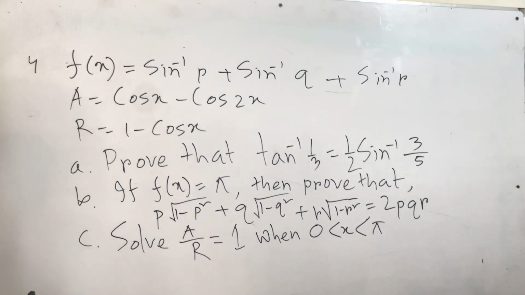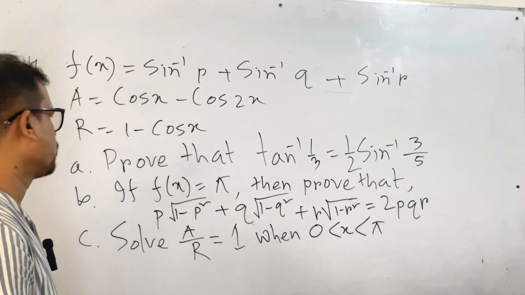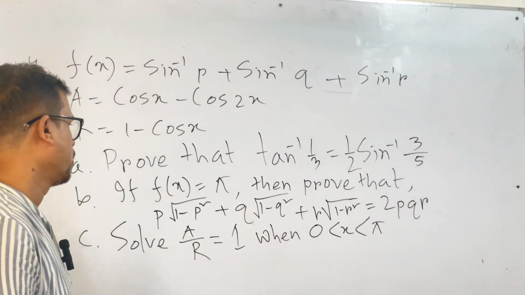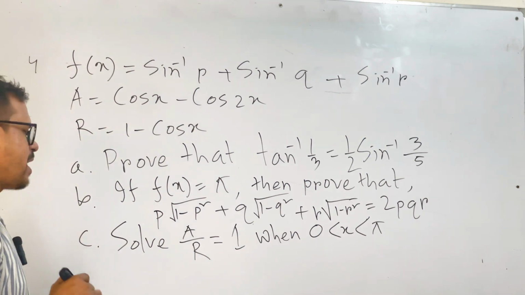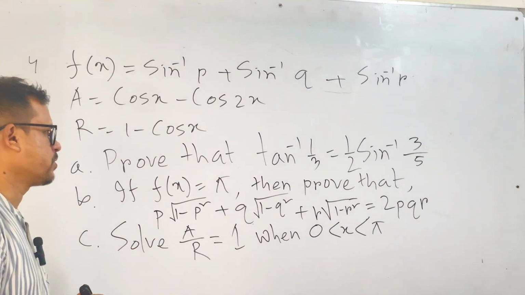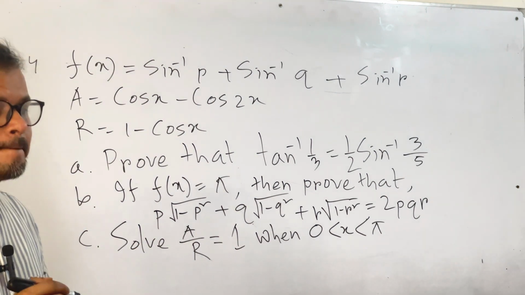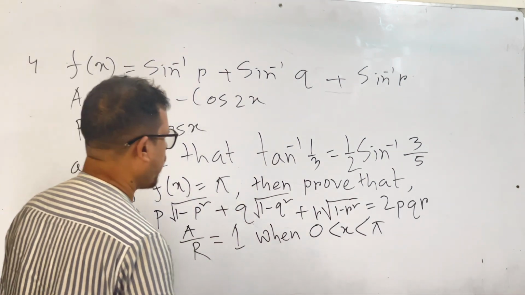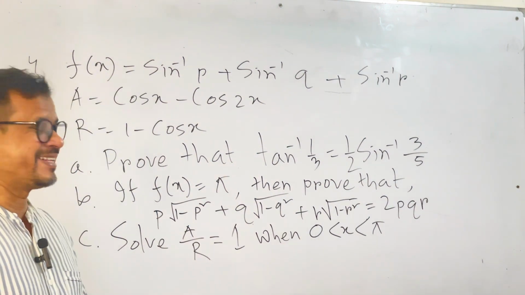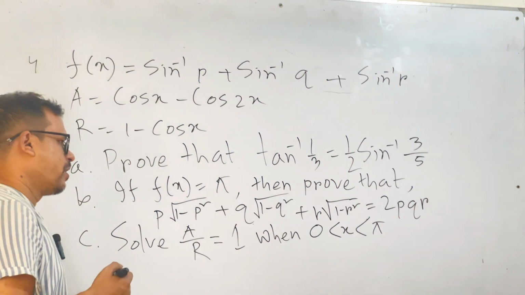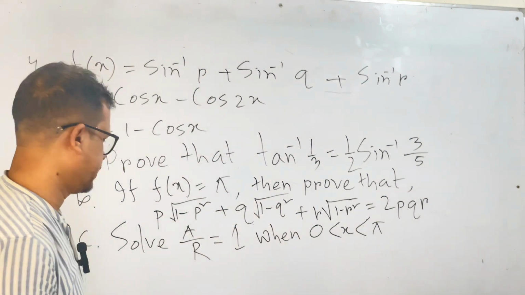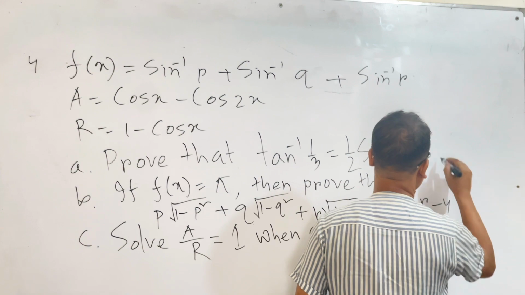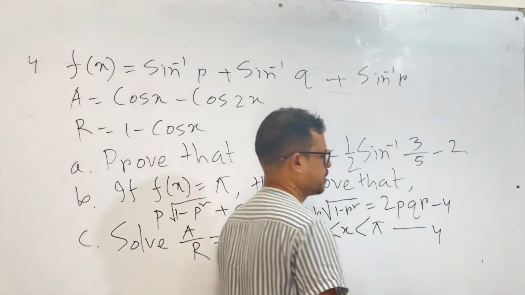If f(x) equal to pi, then prove that p root 1 minus p square plus q root 1 minus q square plus r root 1 minus r square equal to 2pqr. Solve a over r equal to 1 when 0 is less than x less than pi. It's mark 4, it's mark 4, it's mark 2. Total mark 10.